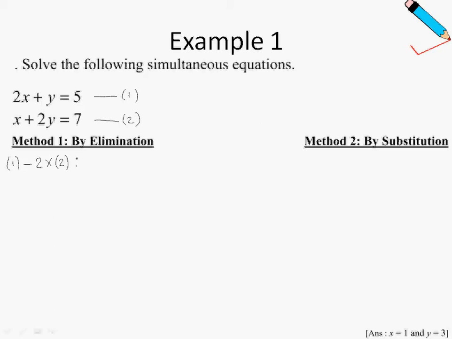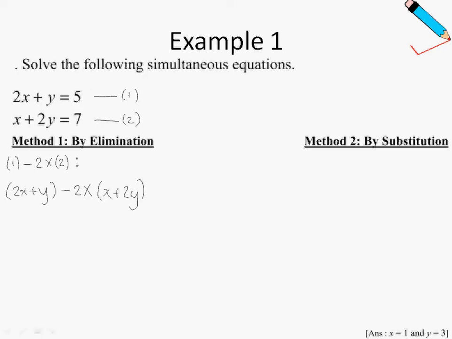So how exactly do I do this? I will use the left hand side of equation number 1, which is 2x plus y, minus 2 times the left hand side of equation number 2, so x plus 2y.